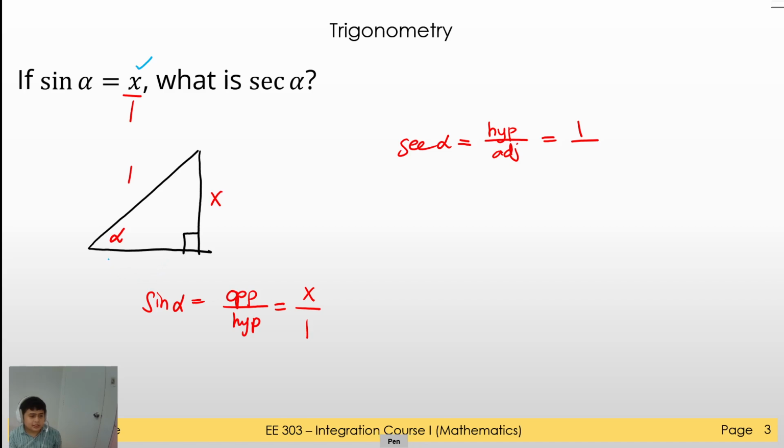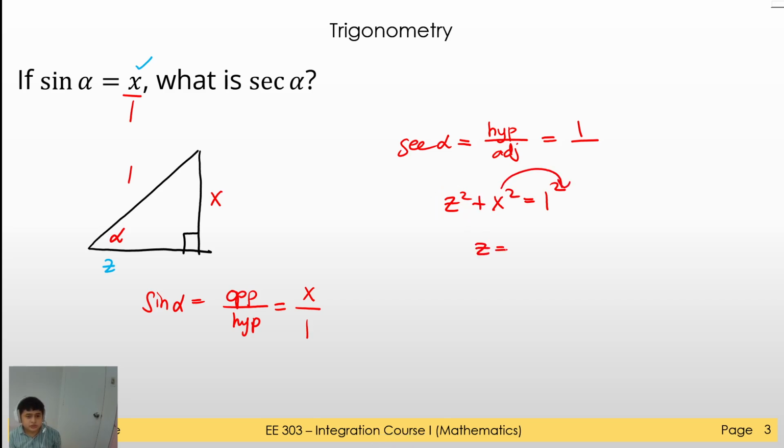So we can let this be, let's say, value z. We do not know yet the value of z. We can solve for z using the Pythagorean theorem, wherein the sum of the squares of the legs, so z squared plus x squared, is equal to 1 squared. Simplifying this, we can transpose and then solve for z.